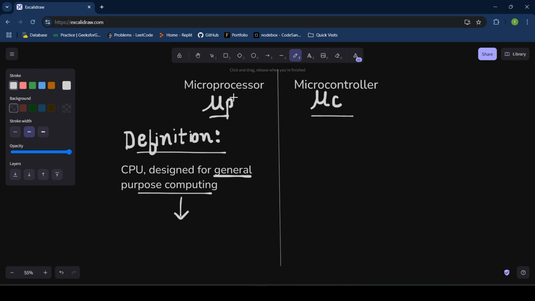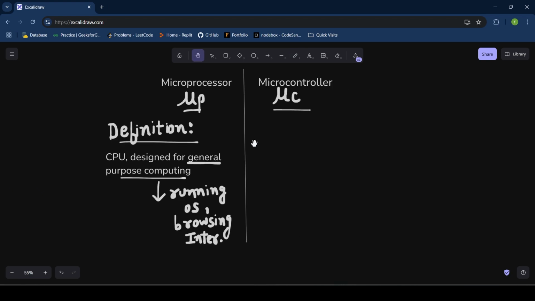General purpose computing means it can be running an operating system or browsing the internet, and the microprocessor needs external components like RAM and ROM.